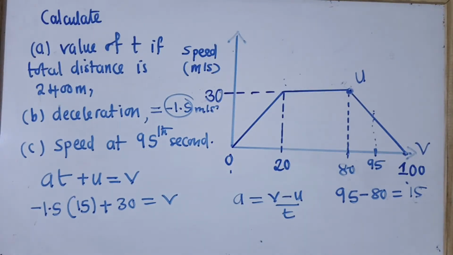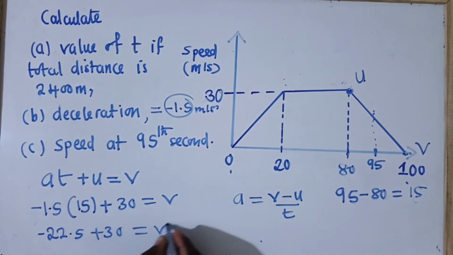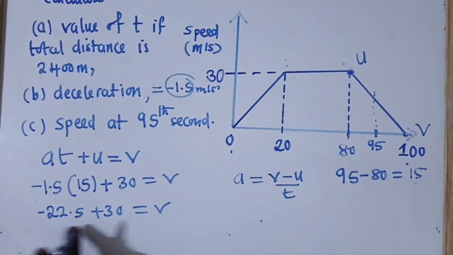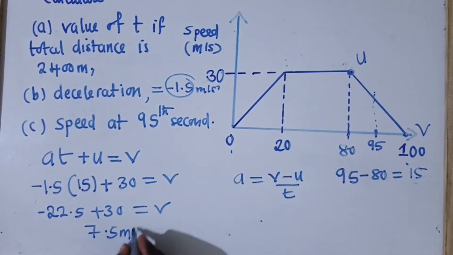This is giving us negative 22.5 plus 30 is equal to V. Okay? Yeah, that's what we're getting. And when we simplify, negative 22.5 plus 30, it's giving us 7.5 meters per second, which is equal to V.